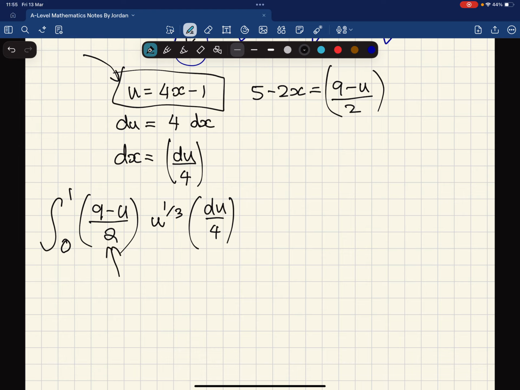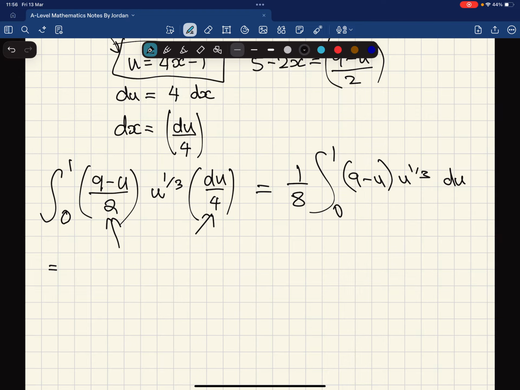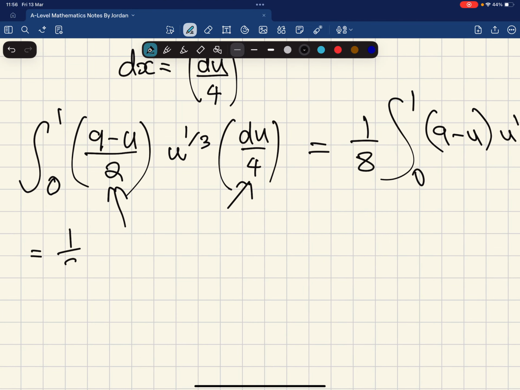So noticing I've got a 2 there and a 4 there. 2 times 4 is 8. So that will be bringing out 1/8. Left with 9 minus u times u to the power of 1/3 du. So this will go to 1/8.